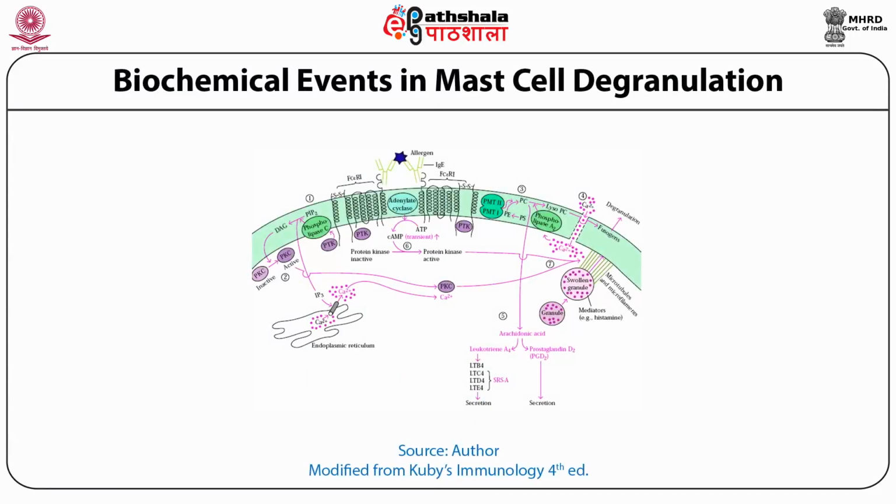A series of well-coordinated intracellular events help in activation and degranulation, or release of mediators, from the mast cells or the basophils. Various proteins, lipid kinases, and phosphatases along with cytoskeletal rearrangements are involved in these biochemical events. A sequential mechanism along with its pictorial depiction is elaborated here.